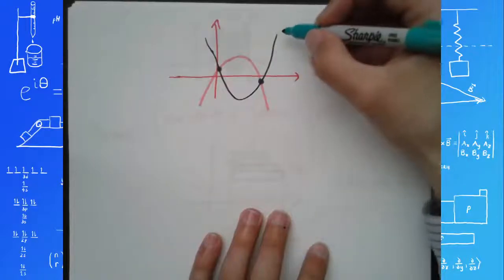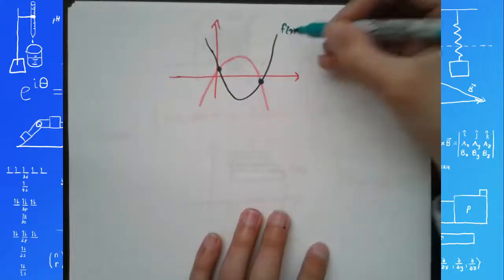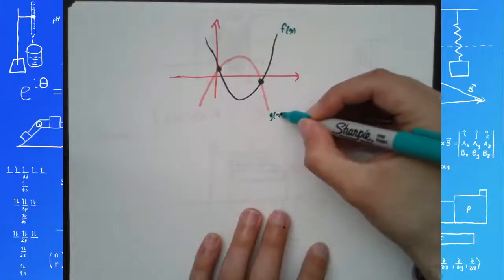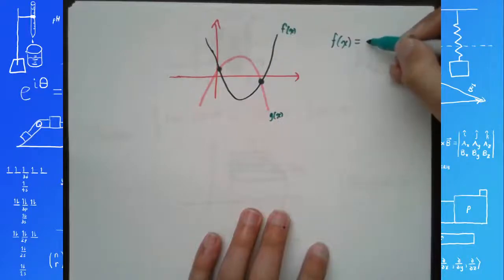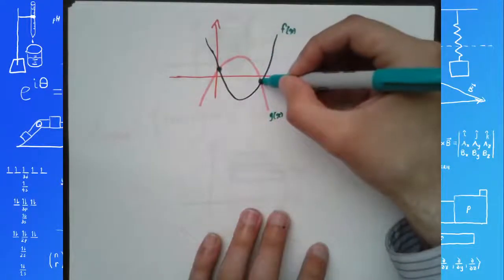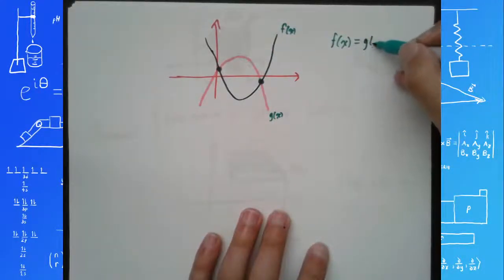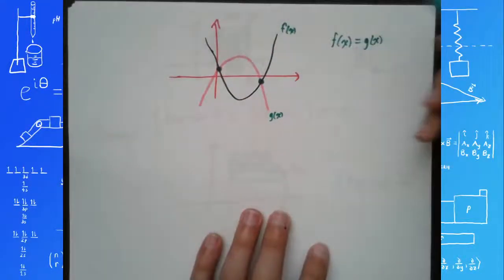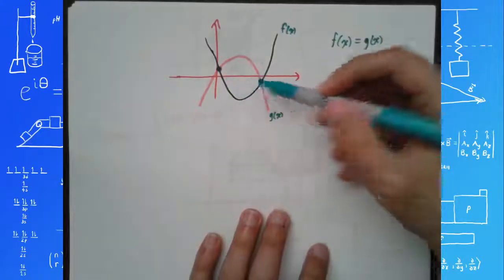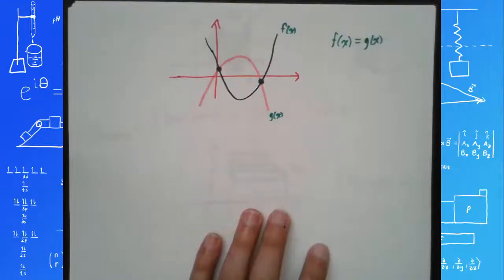So I'll call this one f of x, and I'll call this one g of x. Wherever f of x is equal to g of x, that establishes the y being equal to the y, say at this point or at this point. You should be getting two different solutions since there's two different points to find. Solve for the two possible x's, then plug those back in and solve for the two y's that go with them, or don't, depending on whether or not you need the y values. And yeah, there you go.